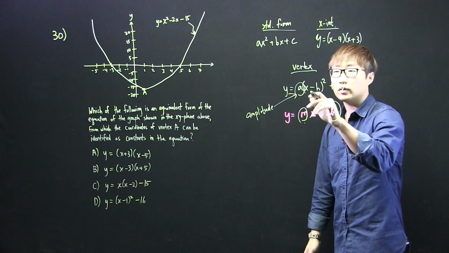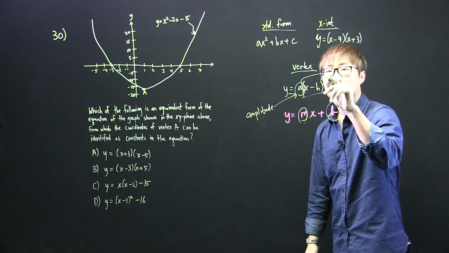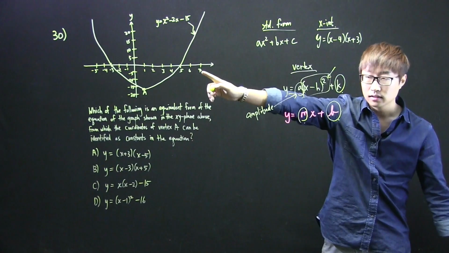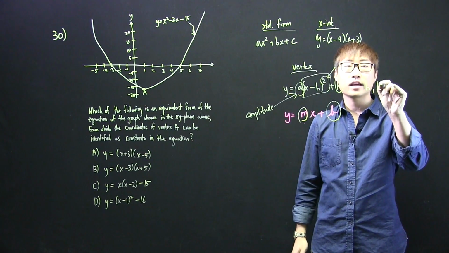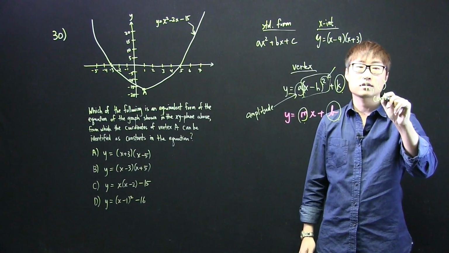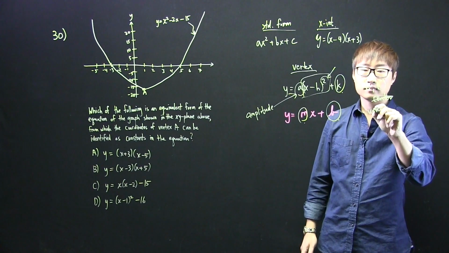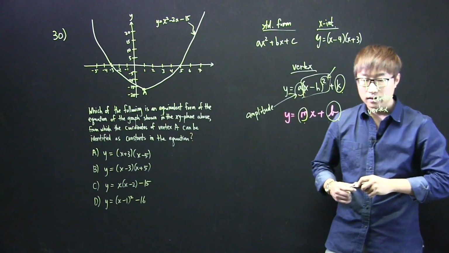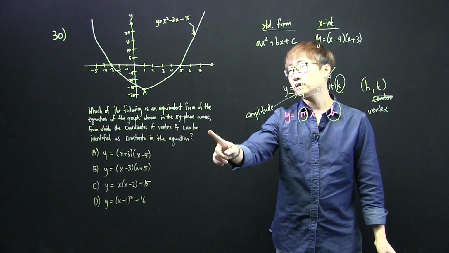And instead of an x, we have something called x minus h squared. Well, first of all, we have a square because it's a parabola, and we have an h because in parabola we have h and k, which stands for the center, or in this case, vertex, right? H and k is the vertex. Does that make sense? So let's now go back to the question.